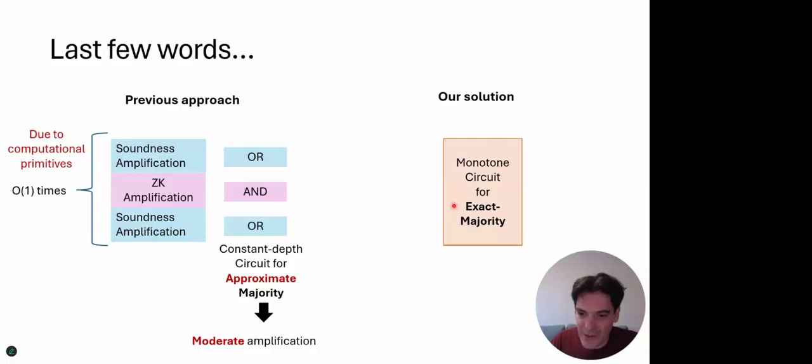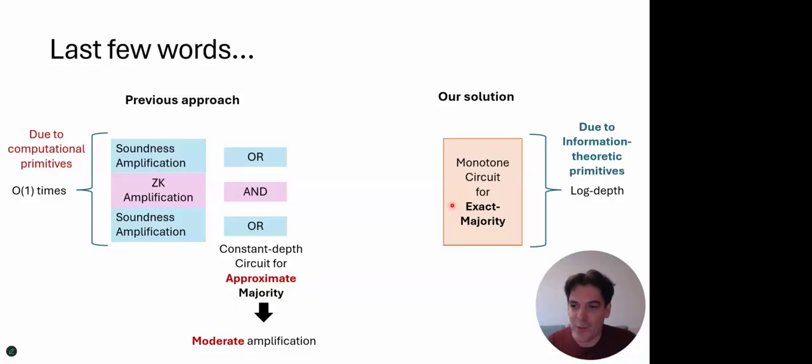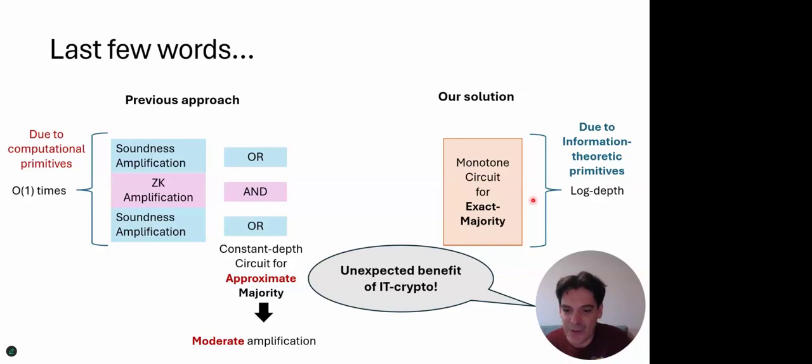The reason that we can implement this exact majority function is because we allow ourselves a circuit of logarithmic depth. And why can we use a logarithmic depth circuit? Because we use information theoretic primitives, right? And the blowup of such primitives is typically constant. This is the case in our solutions, and therefore we can afford to do it for logarithmically many rounds or levels. So this is perhaps an unexpected benefit of the use of information theoretic cryptography.